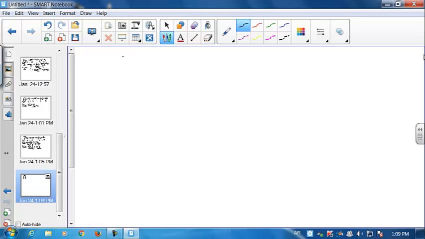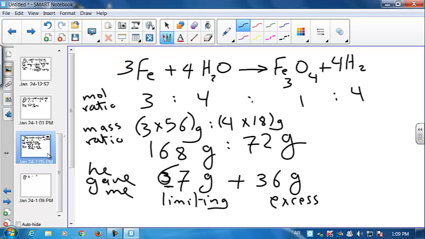So if 67 grams of iron needs or produces how many grams? What is the mole ratio? What is the mass of iron oxide produced? So this will be 16 multiplied by 4 plus 56 multiplied by 3.